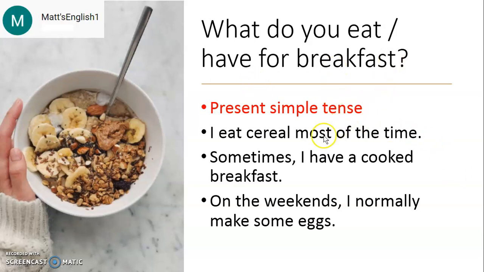So these time phrases, most of the time, sometimes, on the weekends, are very, very helpful for making our tenses clearer. If you don't use them at the moment, then this is what you should practice. This is something that you need to be doing with your English.